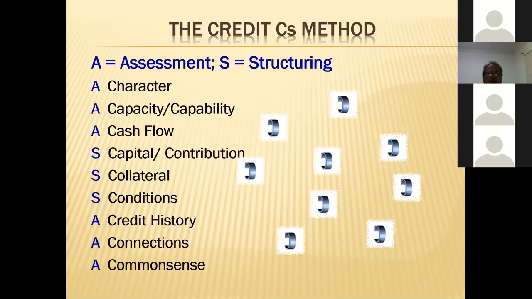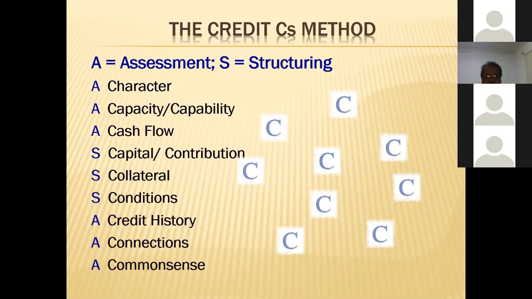When we're looking at credit assessment, there are 3 key areas, and you may recall me saying this. Regardless of what the method is, it boils down to just 3 key areas that you need to look at: character, under Campari, ability or capacity, and collateral or insurance.